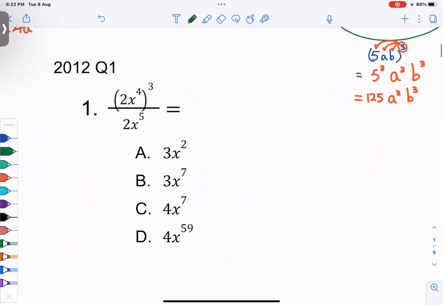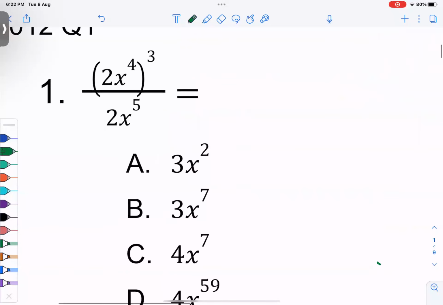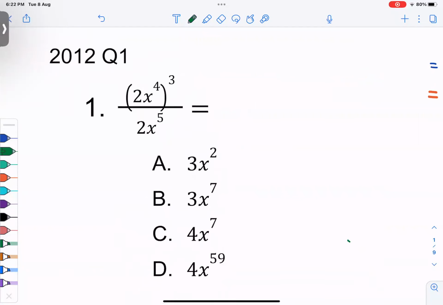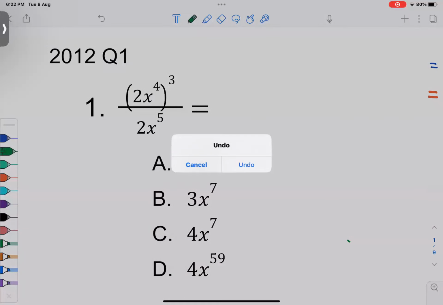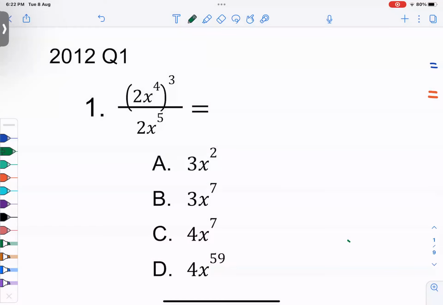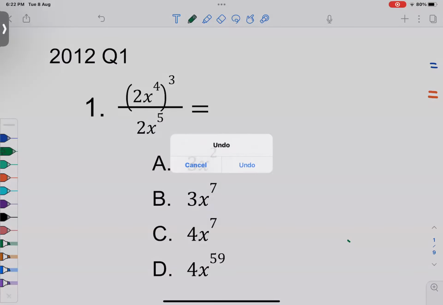So can you try the next one? Is it C? It is C. Can you explain?